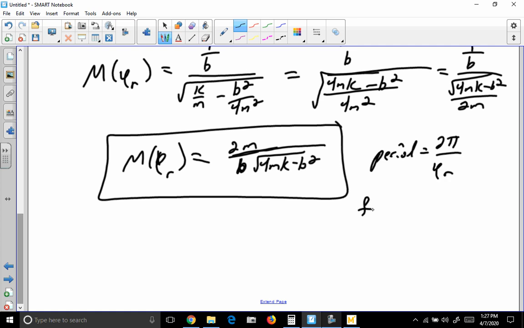And then the frequency, why do we need to know that? If we're breaking glass with sound, then we need to know what frequency, what pitch our particular sound needs to be. Does it need to be an A, a B, a D, an E flat? What frequency do we need? So that's the reciprocal of that, so that's gamma over 2 pi.